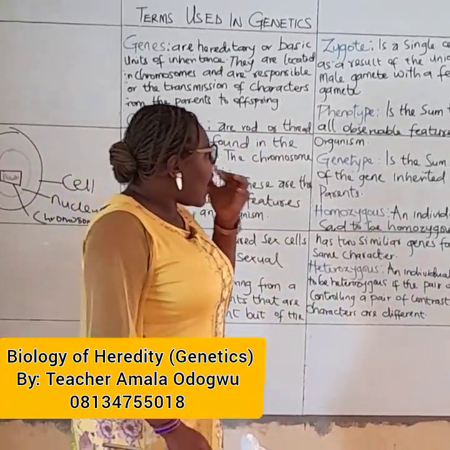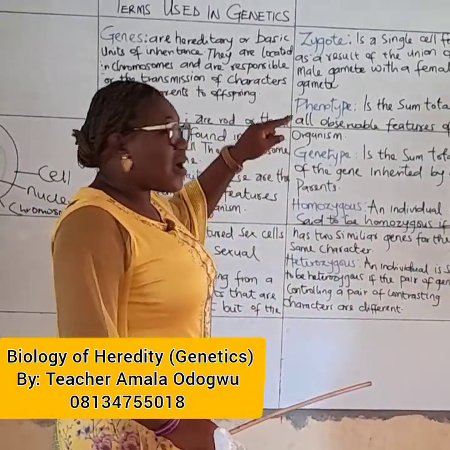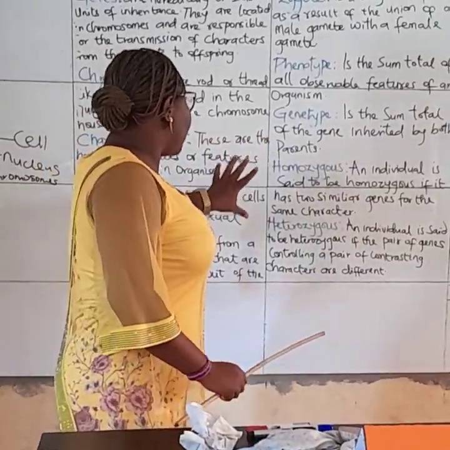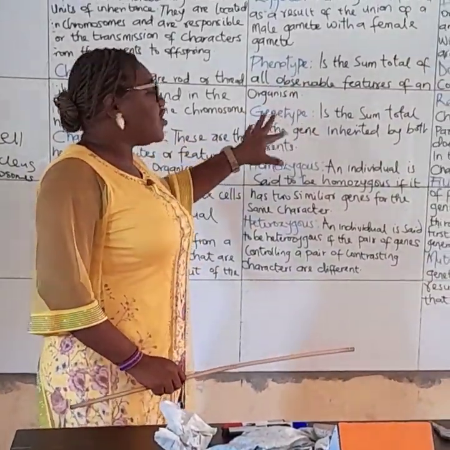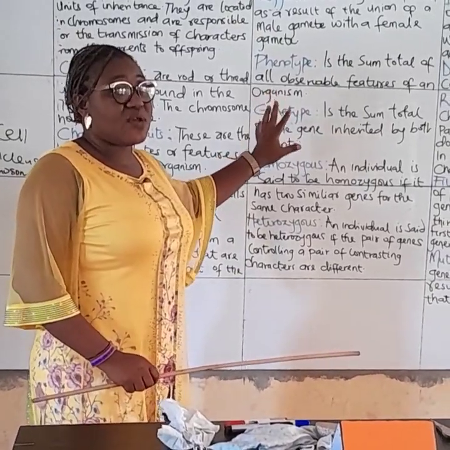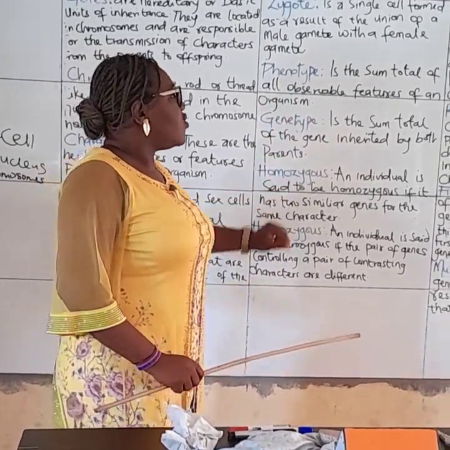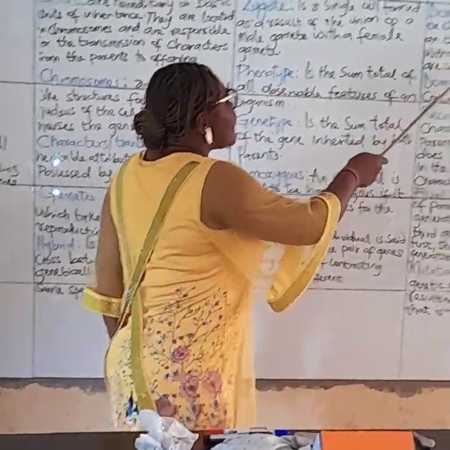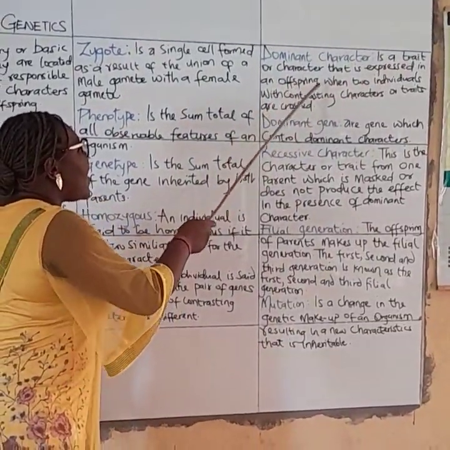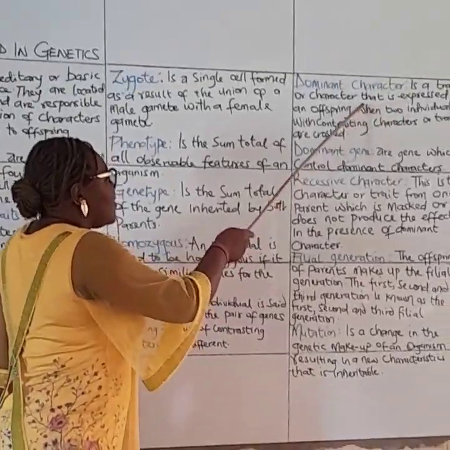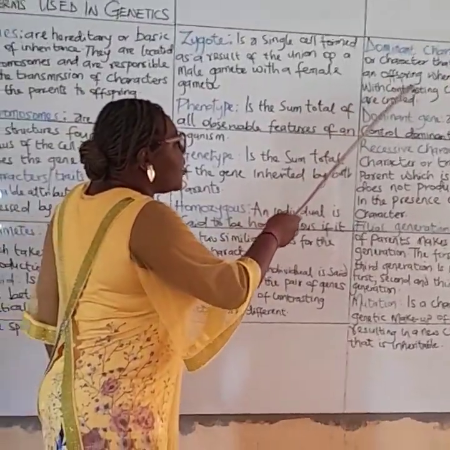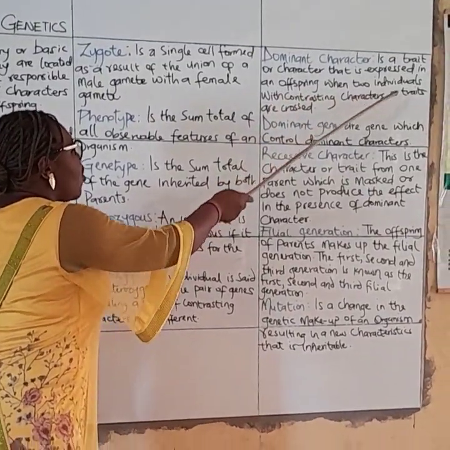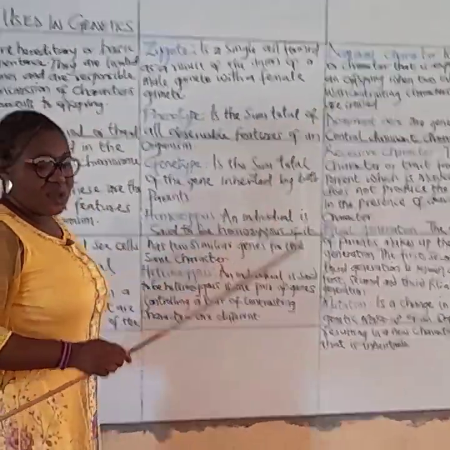So now, I'll be skipping something, but I will still come back to it. Because if I explain phenotype and genotype now, you might not understand it so well. So let's come over to dominant character. A dominant character is a trait or character that is expressed in an offspring when two individuals with contrasting characters or traits are crossed.